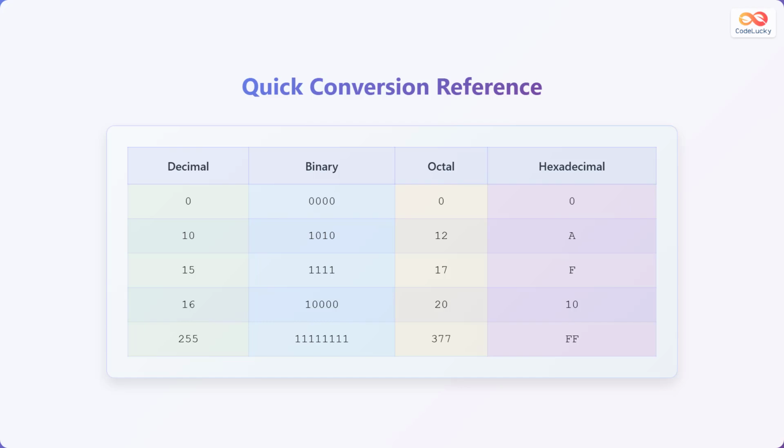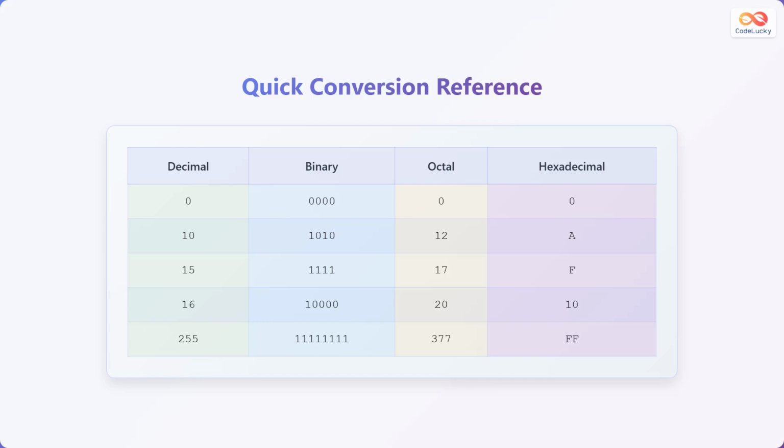Here's a quick reference table to summarize conversions between decimal, binary, octal, and hexadecimal number systems. The table provides equivalent values for the numbers 0, 10, 15, 16, and 255 across the 4 number systems.